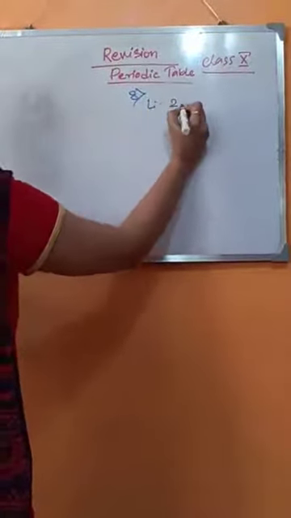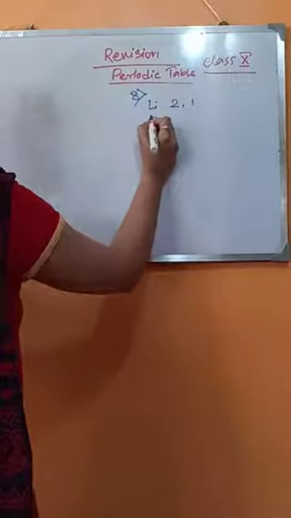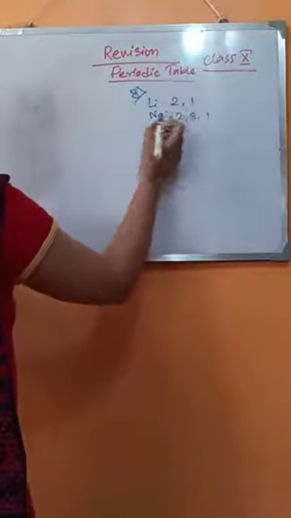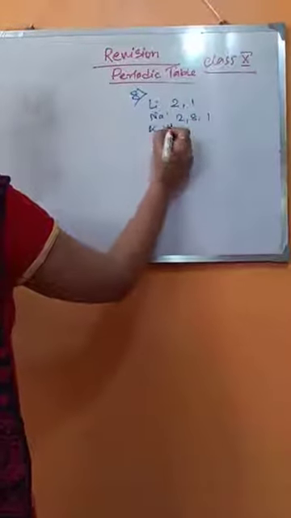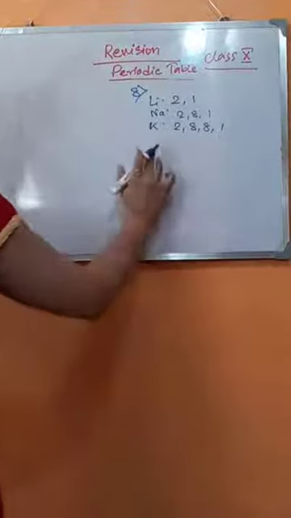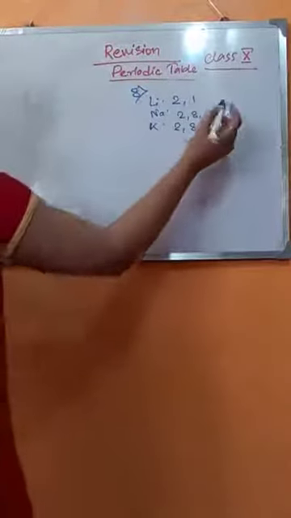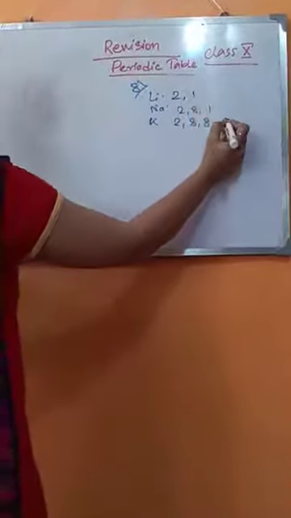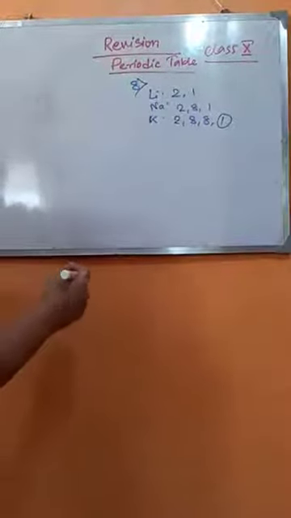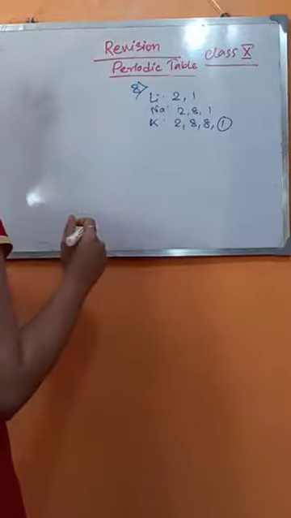Lithium, sodium, potassium. See, all the alkali metals have one electron in the outermost shell.